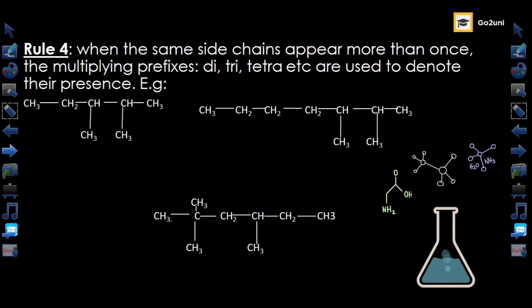CH3, CH2, CH2, CH2, CH with a drop down on CH3, another CH with a drop down on CH3, and the last CH3. So let's take a look at how to name such a compound.